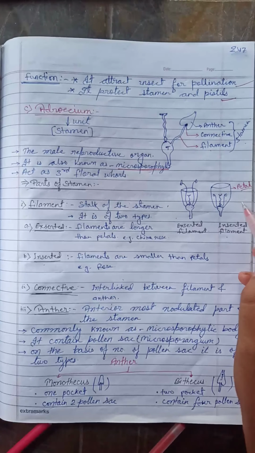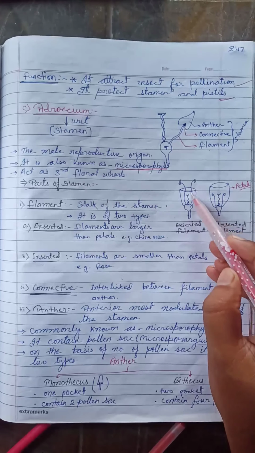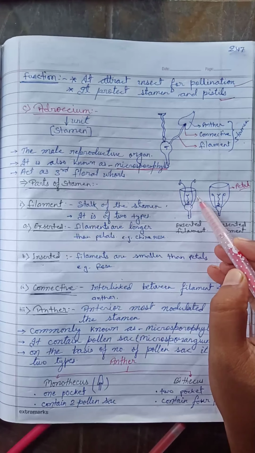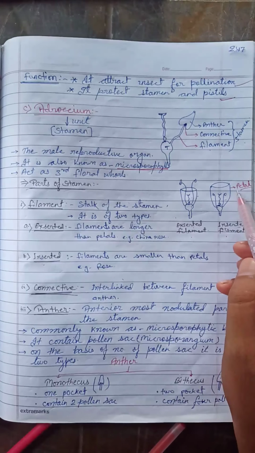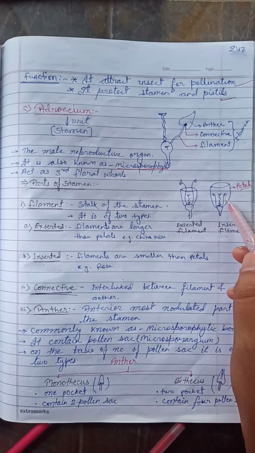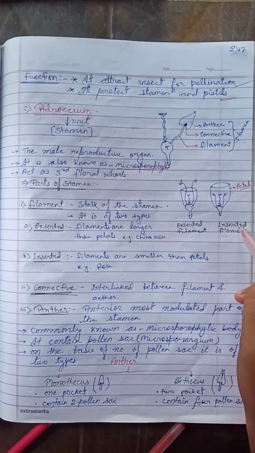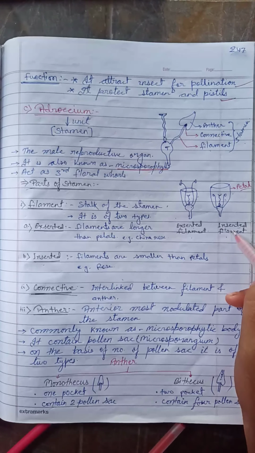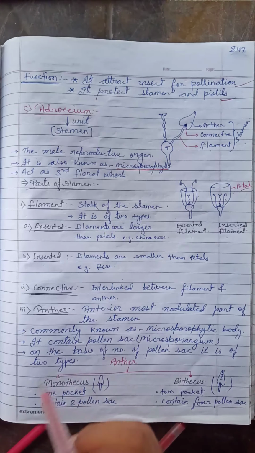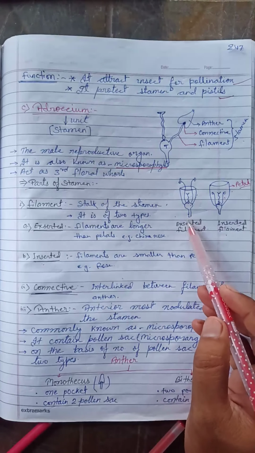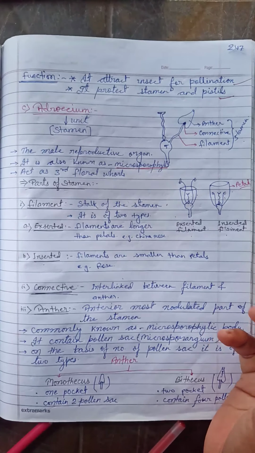Is it clear? Look here once again. The filament that is longer than the petals is called exserted filament, and the filament that is shorter than the petals is called inserted filament. Is it clear? It is common in China rose and it is common in rose.